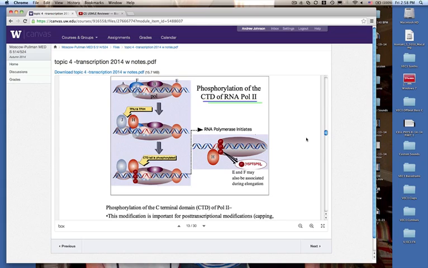This process is insanely important because the phosphorylation is going to allow this polymerase to be recognized by all of the post-transcriptional modification machinery. The splicing machinery, the capping machinery, the polyadenylation machinery is all going to recognize this phosphorylated form of the protein.